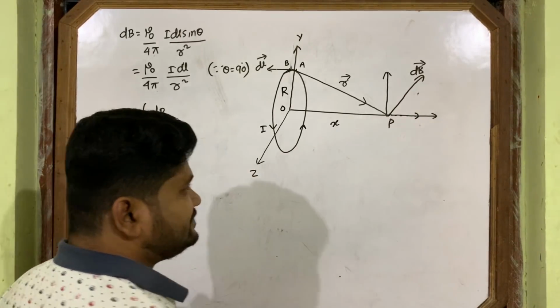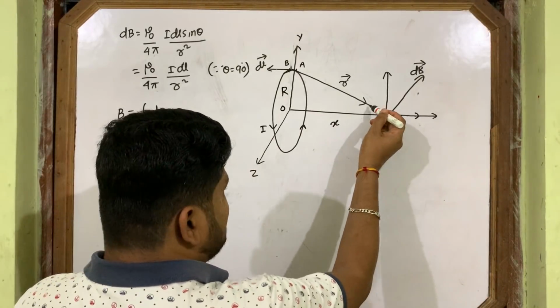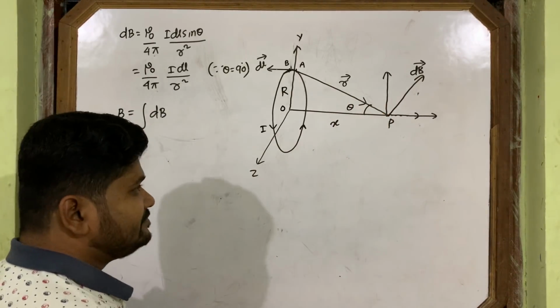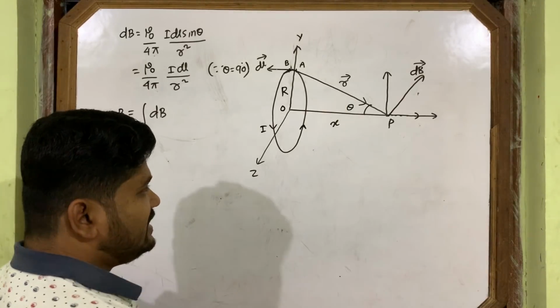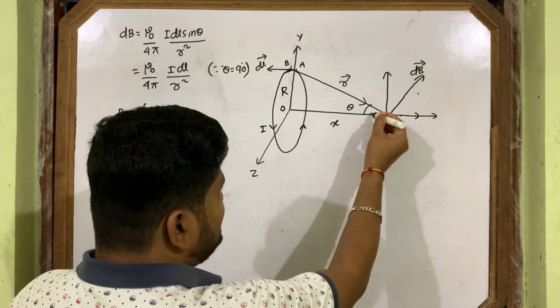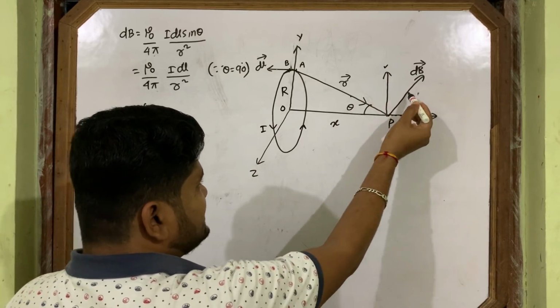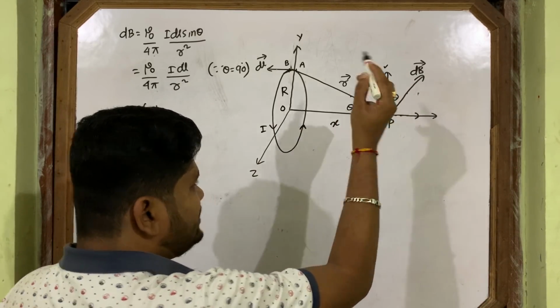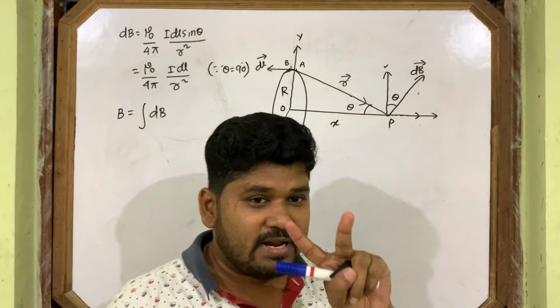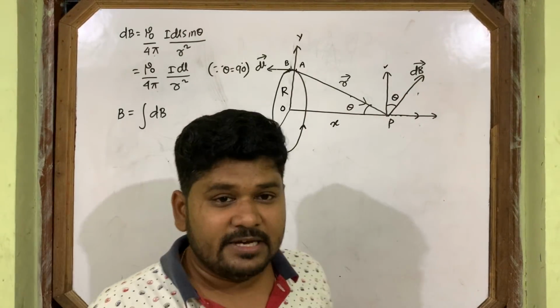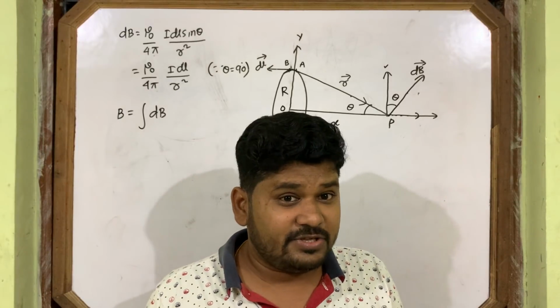This was the x-axis. So if this angle is theta, then which angle is also theta here? To this line, this is perpendicular; to this line, this is perpendicular; so this is also theta. Between two lines, if the angle is theta, between their perpendiculars the angle is also theta.